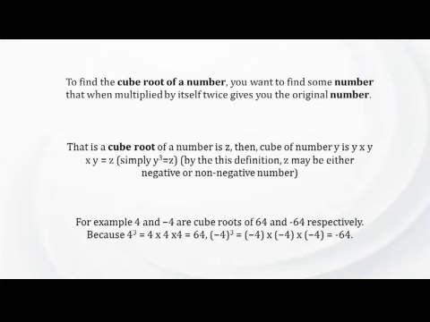For example, 4 and minus 4 are cube roots of 64 and minus 64 respectively, because 4 cube is equivalent to 4 into 4 into 4, that is equivalent to 64. Minus 4 to the whole cube is equivalent to minus 4 into minus 4 into minus 4, that is equivalent to minus 64.